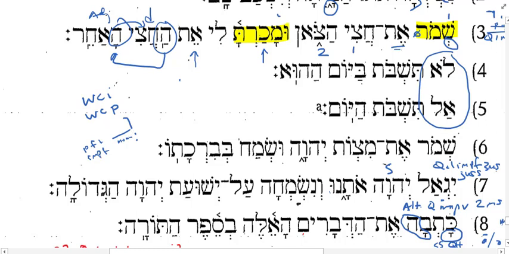And that's usually why, when I have something that looks like an imperfect but it's in first position, it's usually not the imperfect but the jussive.